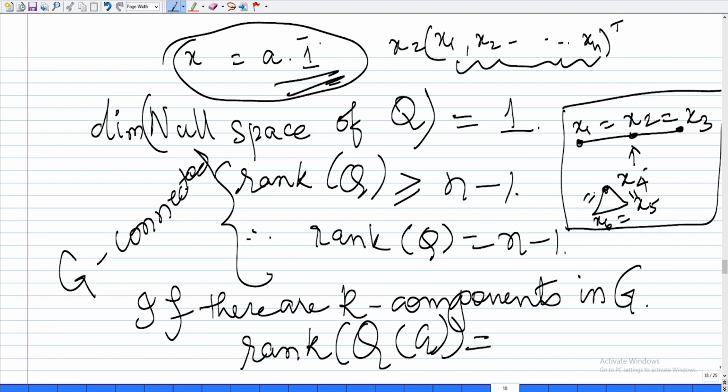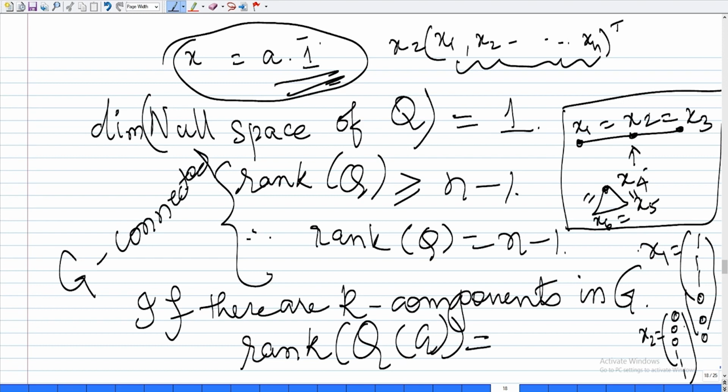So, in our null space, 2 linearly independent vectors are possible, right. Say for x1 to x6, I can have the first vector with the first 3 entries being 1 and then the last 3 being zeros, and the second vector with the first 3 being 0 and the last 3 being equal to 1, right.